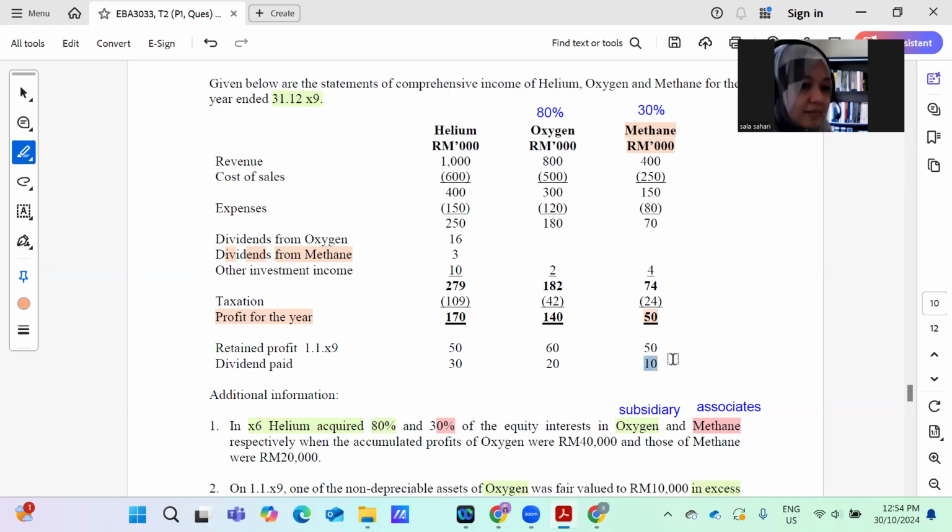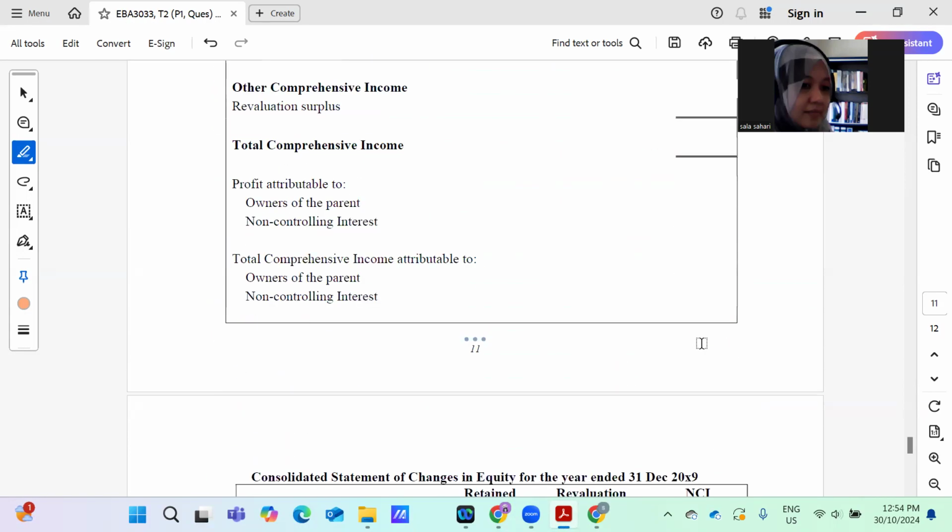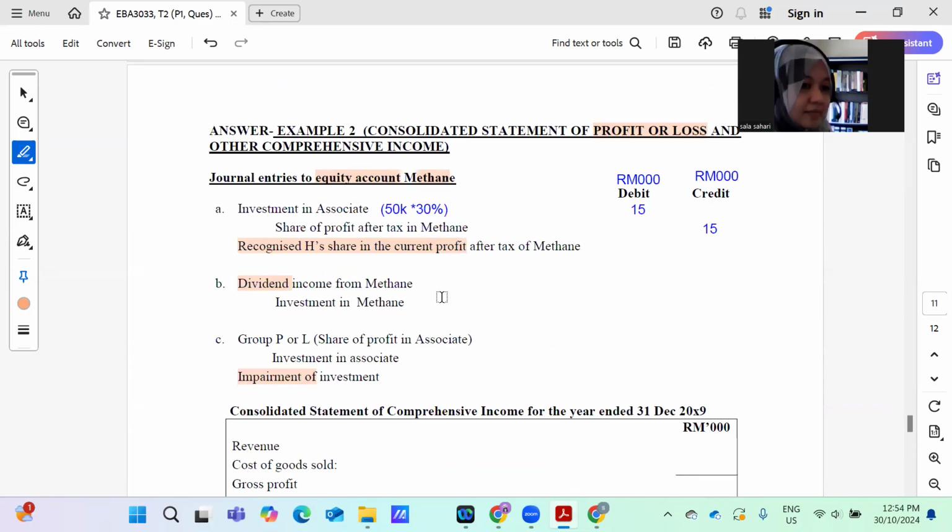So we take from here 10,000. And again is 10,000, and again we need to prorate to 30% only. So dividend income should be 3,000 debit, and we credit another 3,000.